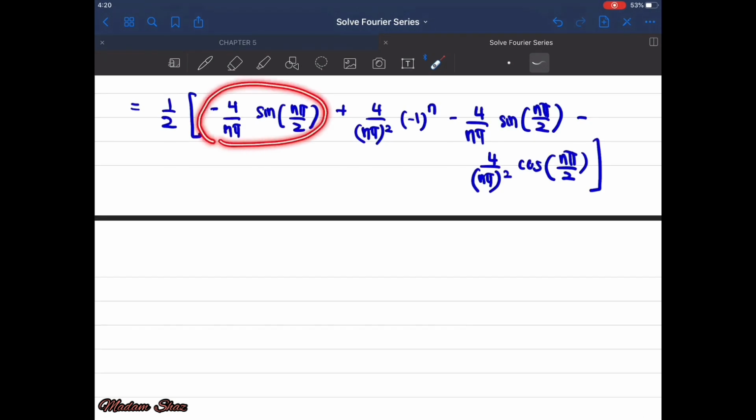So negative 4 over n pi sine n pi over 2 will be combined with the negative 4 over n pi sine n pi over 2.